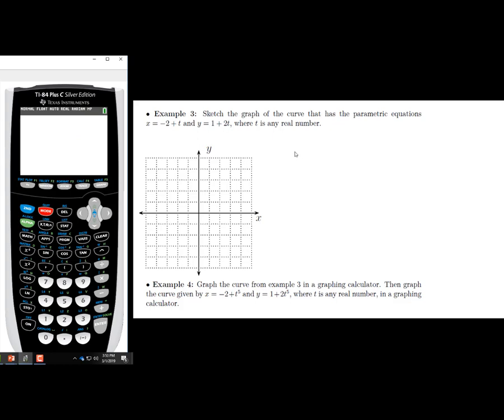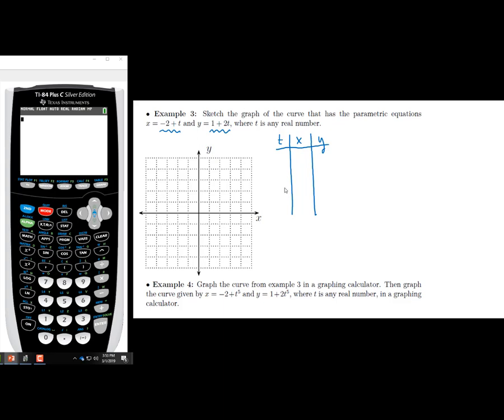So we'll make a table as we have on the previous examples. So here's my t, my x, and my y. Right, so I know that x is going to be -2 plus t and y is going to be 1 plus 2t.